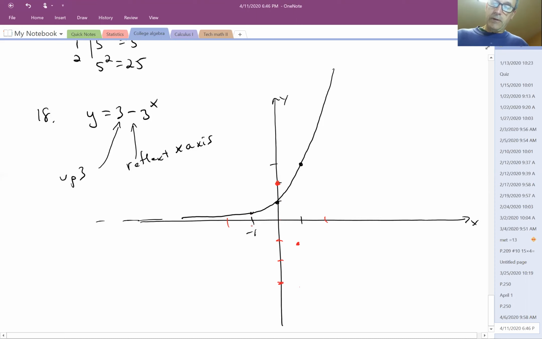Reflect on the x-axis, then up 3. It's going to be about here. So this graph's going to look like this. Oh, the asymptote, reflect on itself, and then up 3 is going to be here. This curve is going to come like this. It's going to look like that. Okay.